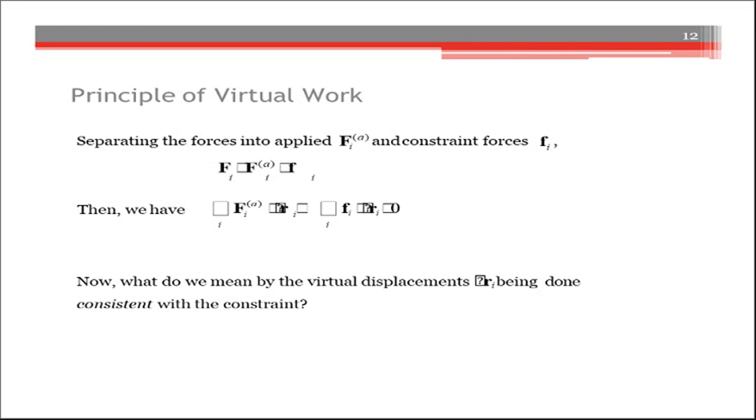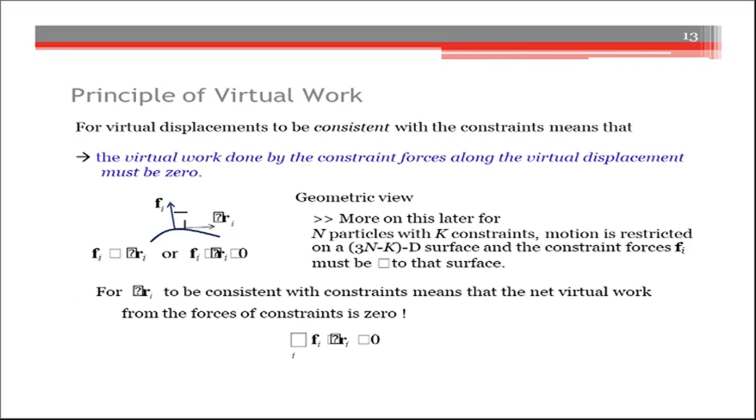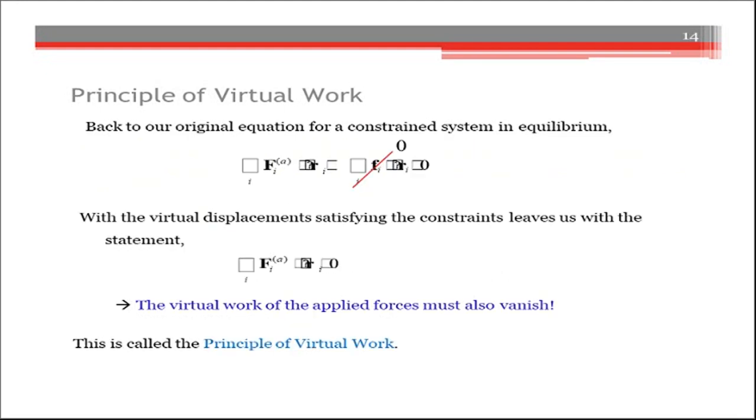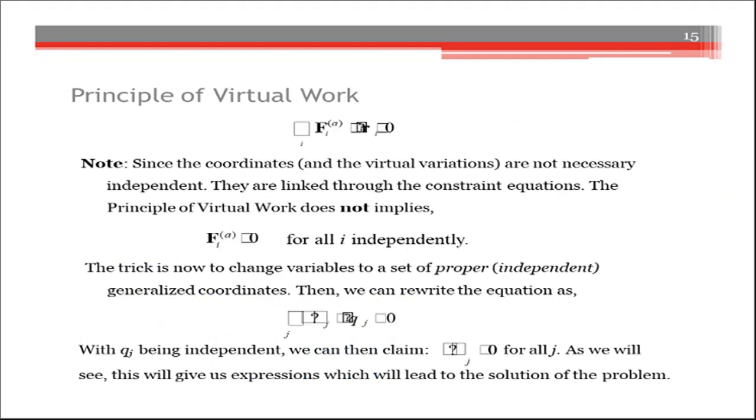After solving we get this equation. By a virtual displacement consistent with the constraints, we mean that the virtual work done by constraint forces along the virtual displacement must be 0: f_i dot delta r_i equals 0. This is another form of virtual work, so the applied forces must also vanish. This is called the principle of virtual work.